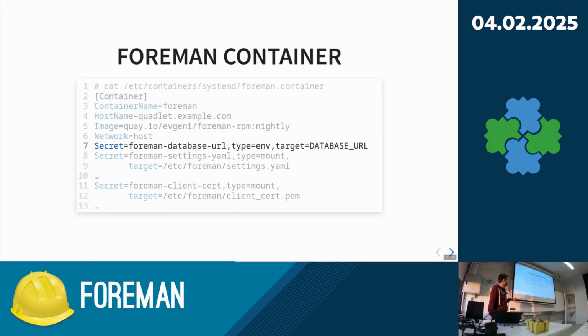And it also uses secrets, but this time not only mounted, but also of type environment, which is pretty useful because you don't always need a file. And Rails has this nice way that you can set the database URL in an environment variable. So instead of writing a YAML file to disk and having to read it again, which is pointless, it's generated anyway, we can inject it as an environment variable, and it will consume it from here.